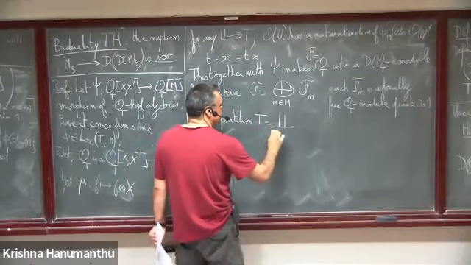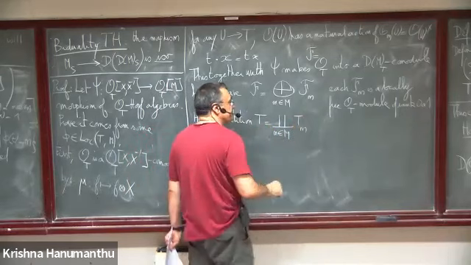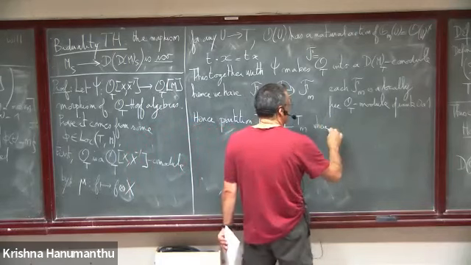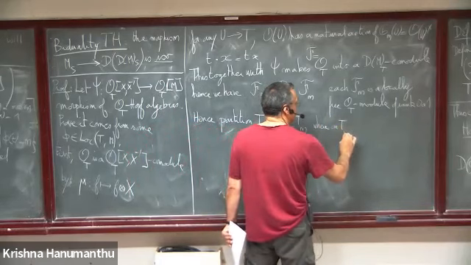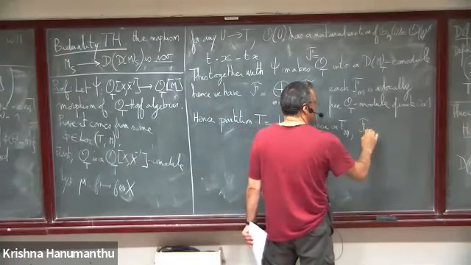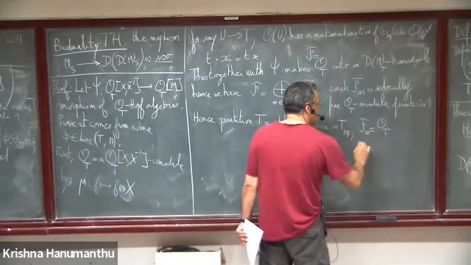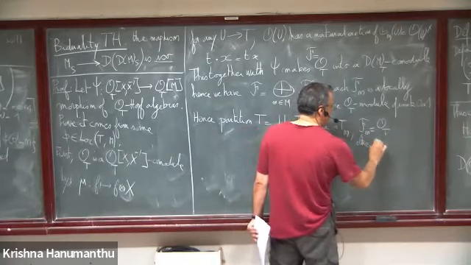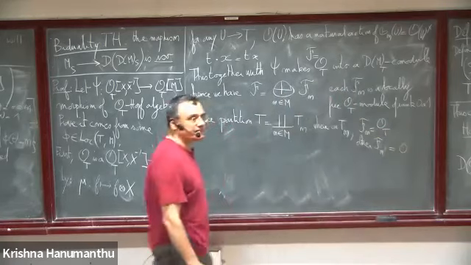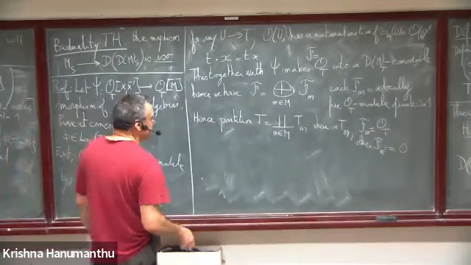It's a disjoint sum parameterized by all m of T_m, where on T_m, F_m is equal to O_T, and all the other F_m' are equal to 0. So we have this decomposition.